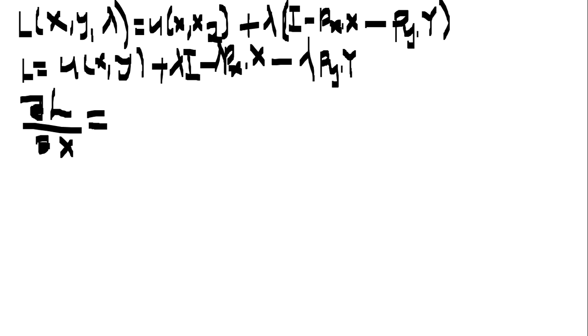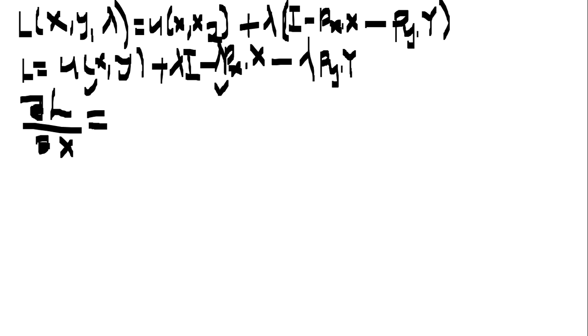Looking at this part here, there's x here, and then there's also x here. So we have x in the utility function, and we also have x in the constraint. Exactly. So from the constraint, we are going to partially differentiate with respect to x.